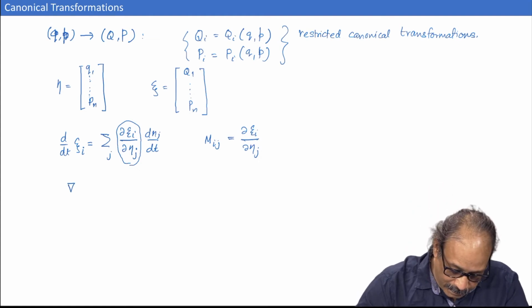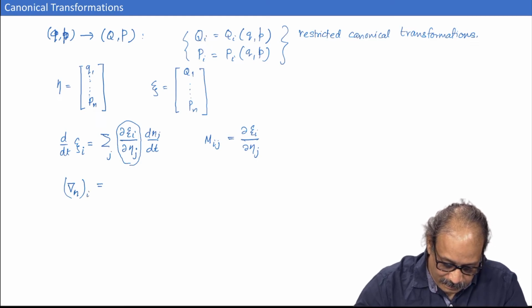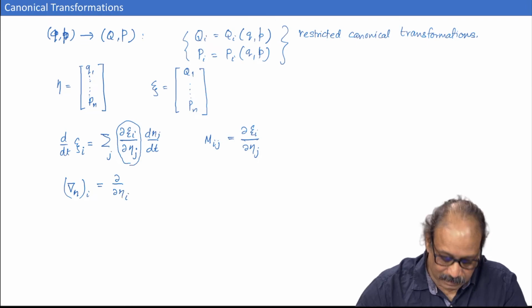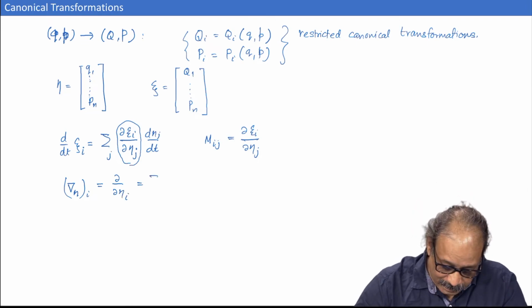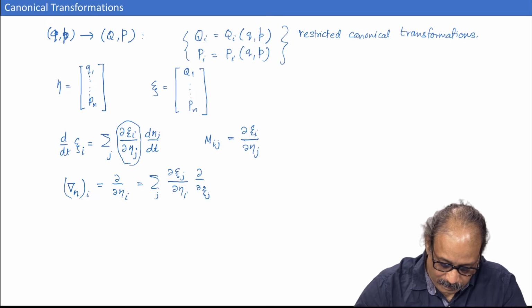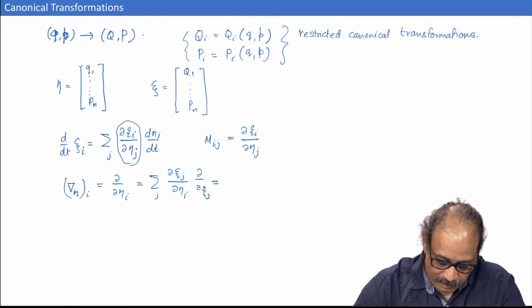This is one. Now, on the right hand side, we require the gradient transformation. So, gradient with respect to eta, if you take the ith component of this, then it is nothing but the partial derivative with respect to eta i, and this I can write as sum over j del xi j by del eta i and del over del xi j, okay.